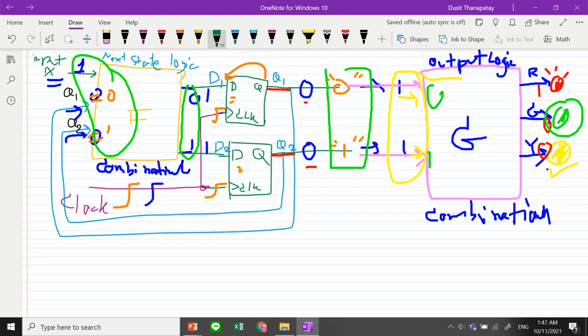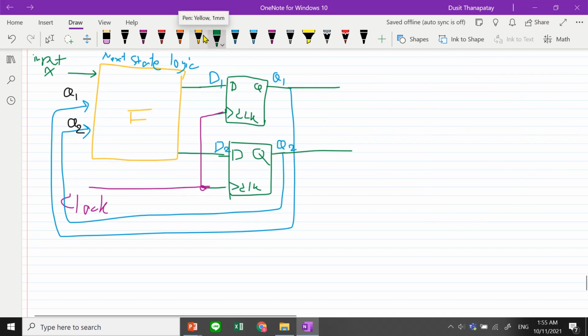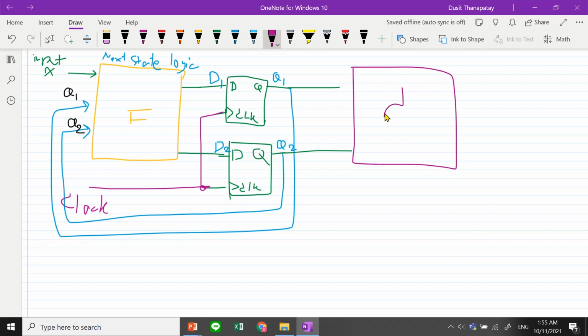So the basic structure of a state machine has three parts. The first one is state memory, which can be implemented by flip-flops.